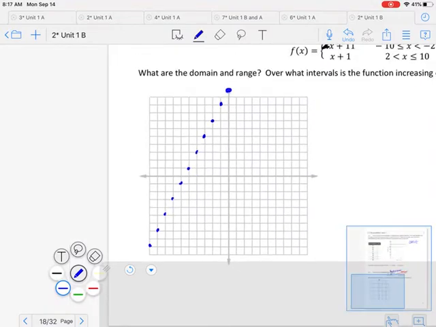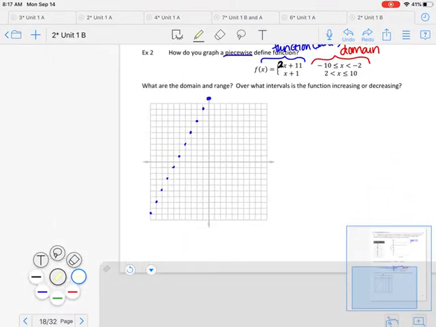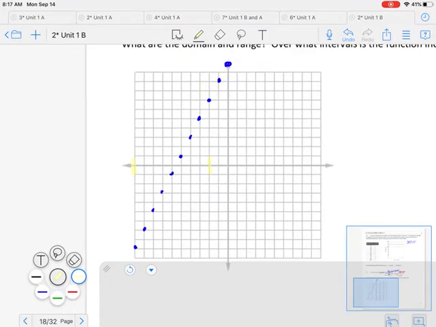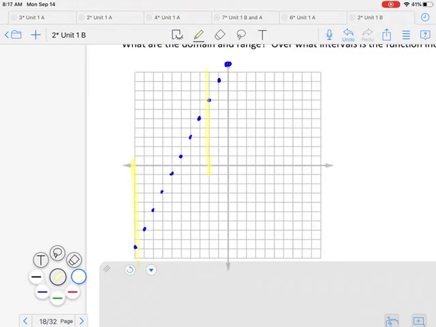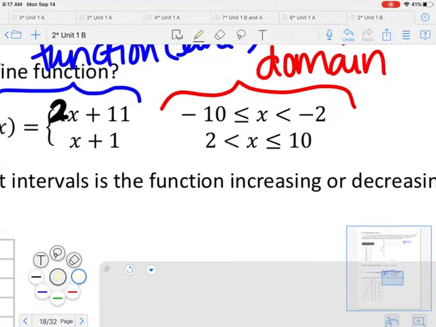Okay. So now, and I'm not going to draw it in yet because I'm going to think about my domain now. Only in between -10 and -2. So here's -10 and here's -2. That means I'm drawing the blue line in between those two spaces. And now I'm going to look at the inequality symbols.